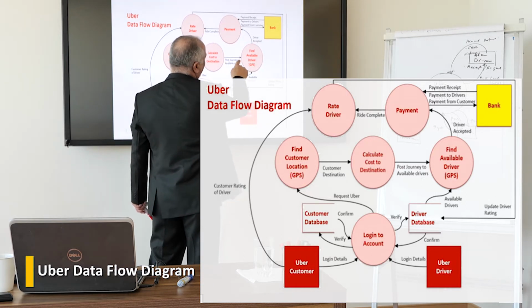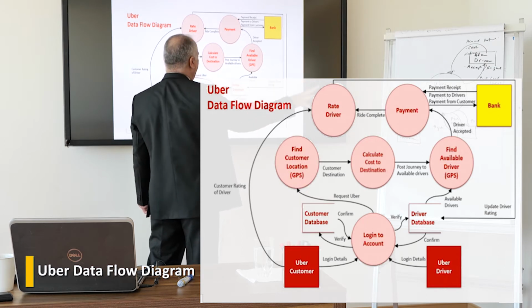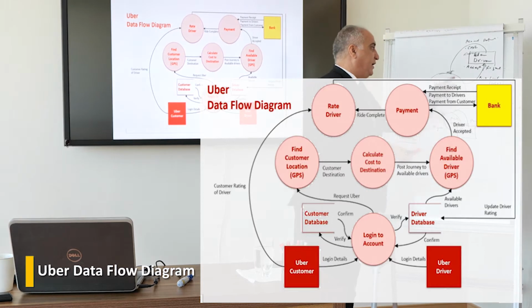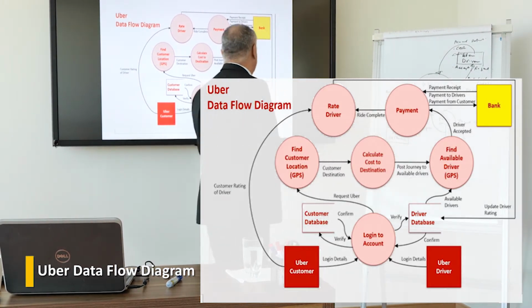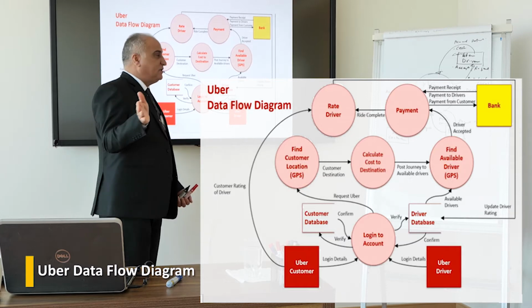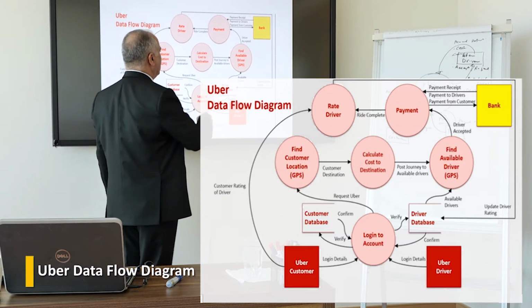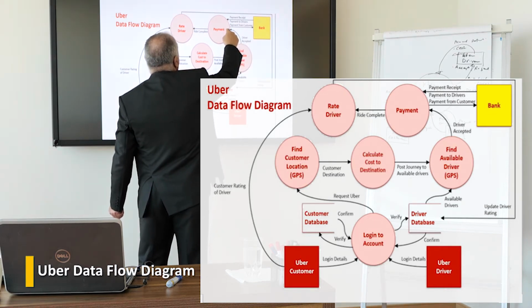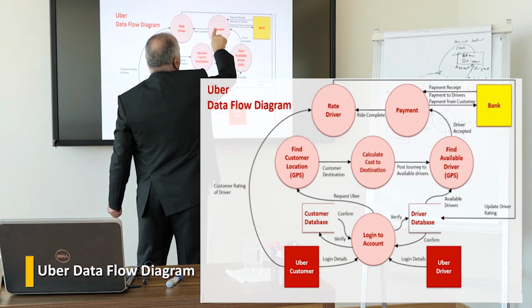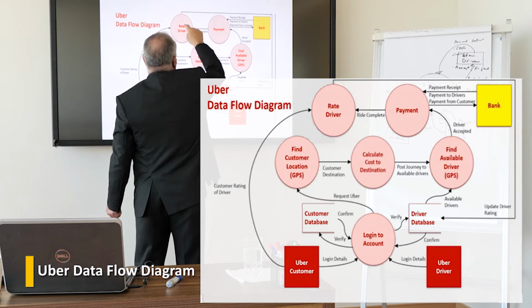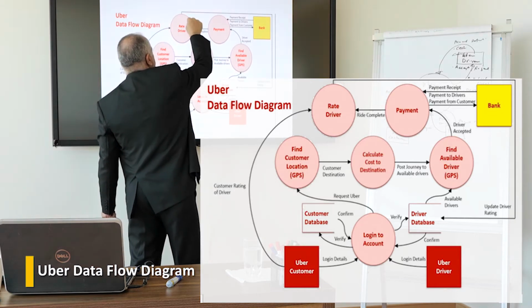In this case, we post a journey for available drivers, because we know the driver's current location and we know the current destination and location of the customers. Then one of the available drivers will accept, the driver will pick up the customer, the customer makes a payment to the bank.